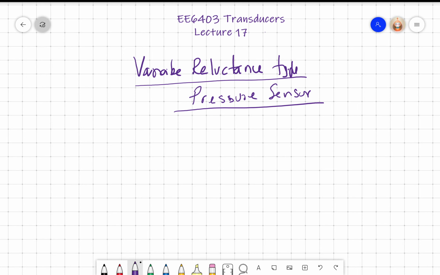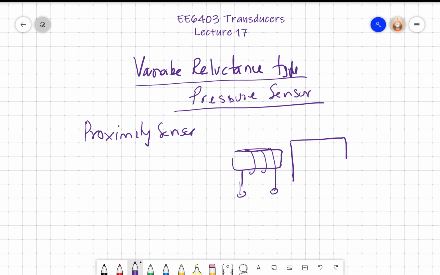Apart from these two, there are some miscellaneous inductive sensors. One is called the proximity sensor. So we simply have a coil, right? And if there is an object, of course the object has to be metallic.